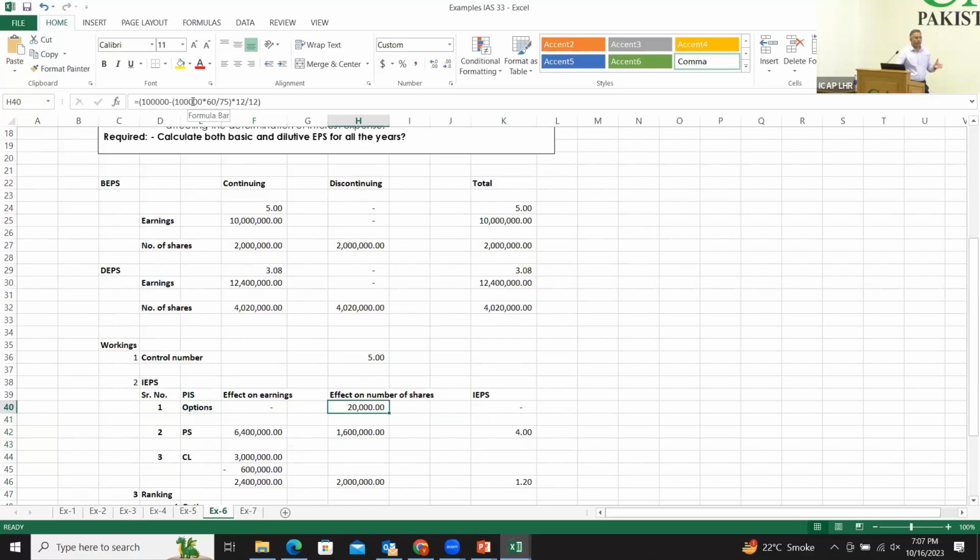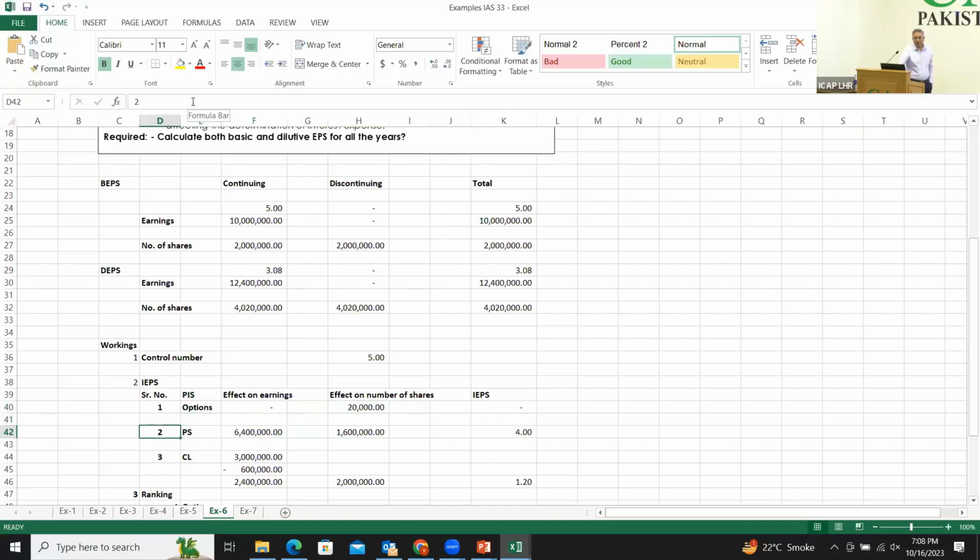There's no information given for the number of months outstanding during the year. We can assume it's, let's say, 12 months. So here are the 20,000 shares which are going to be issued for nil consideration, and incremental EPS is 0 because nil divided by 20,000 is also nil.